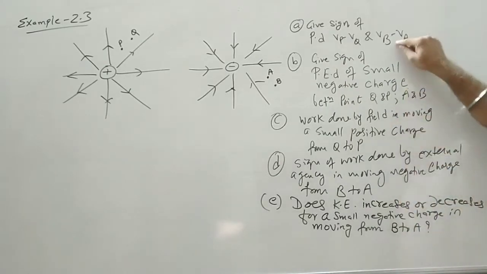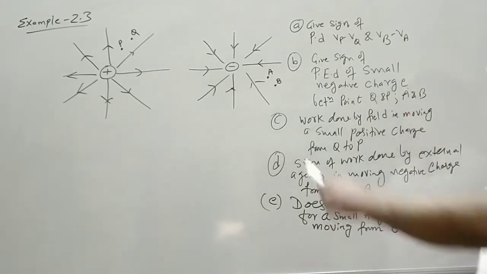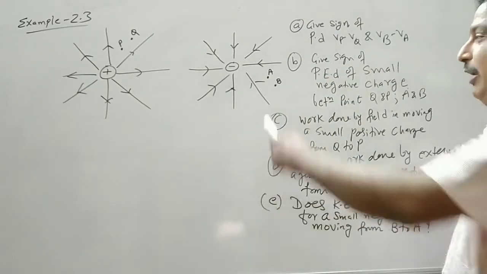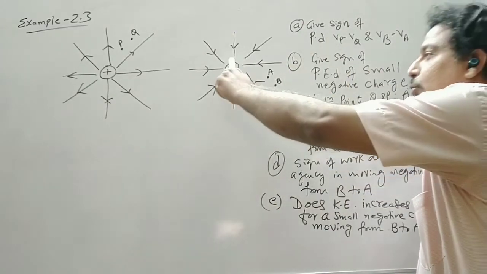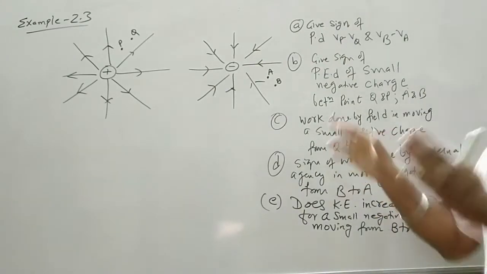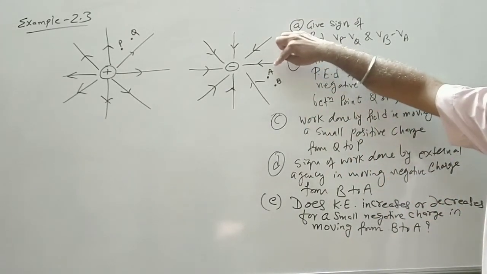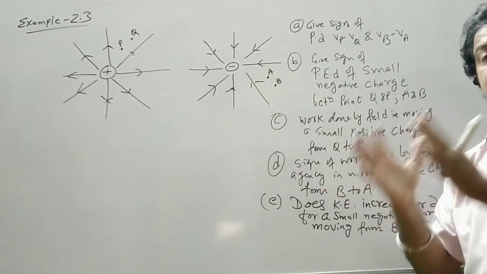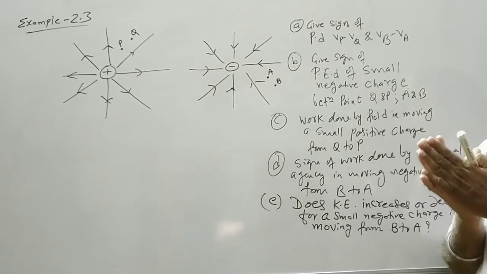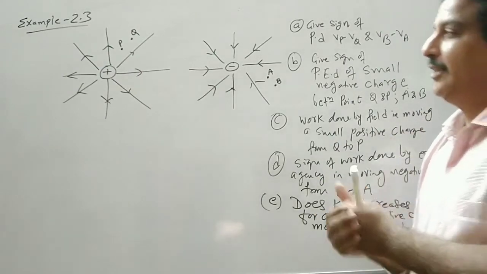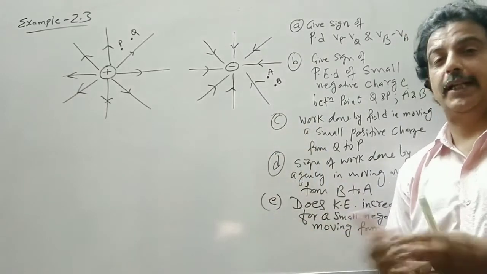In the other case, if I place a positive charge at point P, it will not stop at point A, it will move towards the negative charge. So we have to stop it immediately at point A. So here also we can say the work is done against the field. Work done against the field does not always mean that you are moving opposite to the direction of the field line.